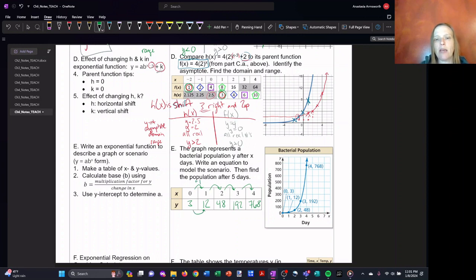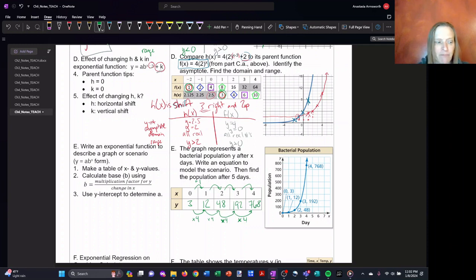So now I'm ready to look for a pattern in y values. Each y value seems to be 4 times bigger than the one before. 3 times 4 is 12. 12 times 4 is 48. 48 times 4 is 192. 192 times 4. I'm sorry, that really looks like a plus sign. So make sure that those are multiplication signs.